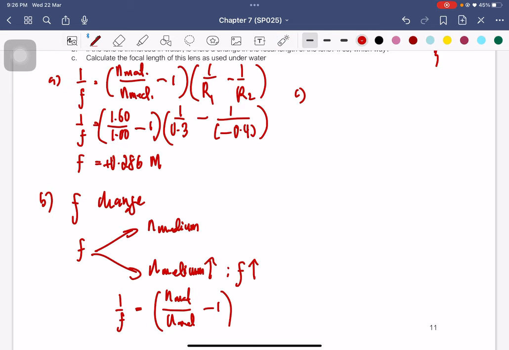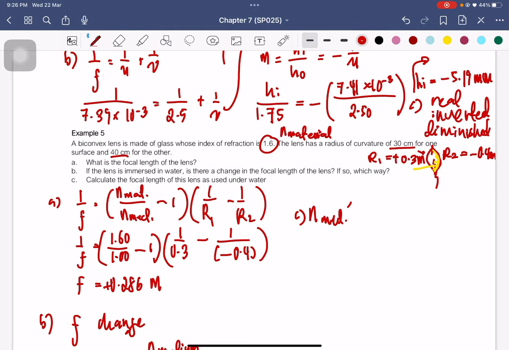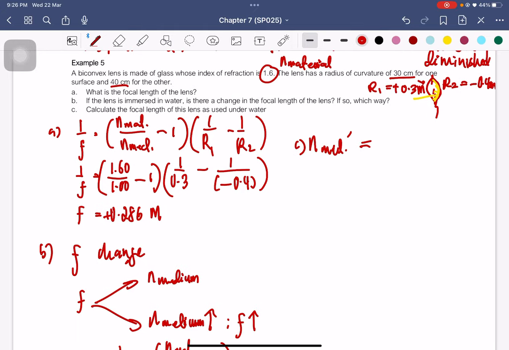Next, we have to calculate the focal length if the lens is used underwater, which I didn't put the refractive index. So the refractive index for water, I'm just going to put as medium prime. So this is underwater, 1.33 is the refractive index.